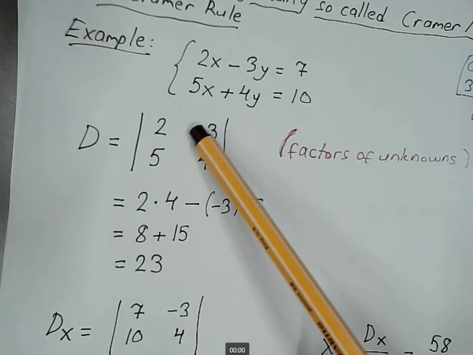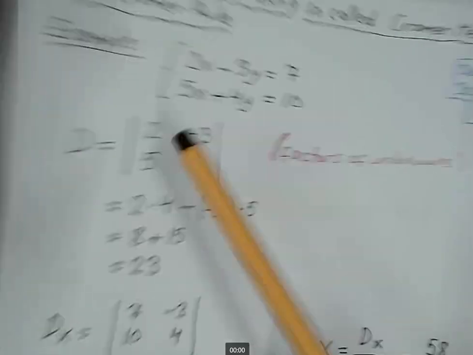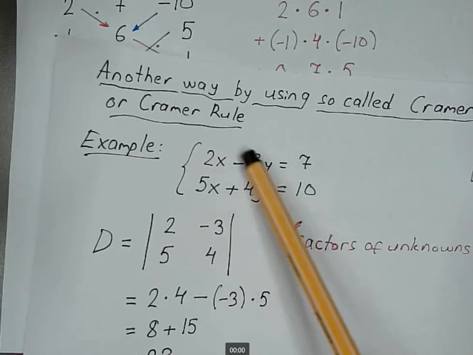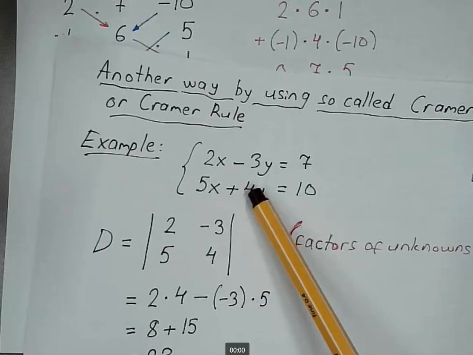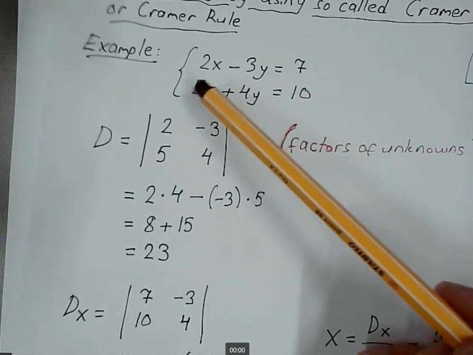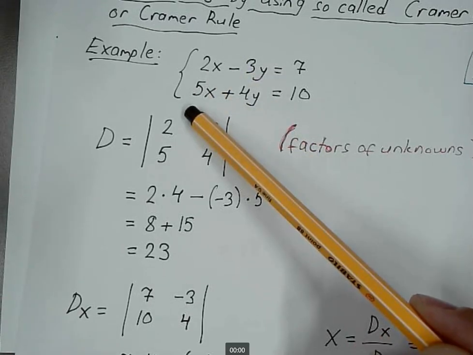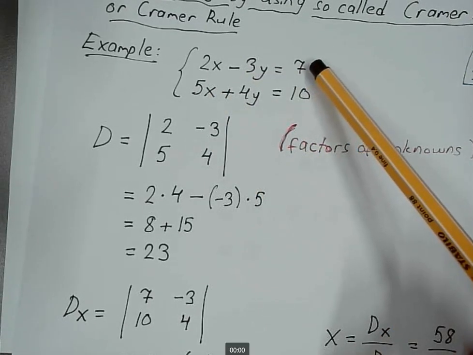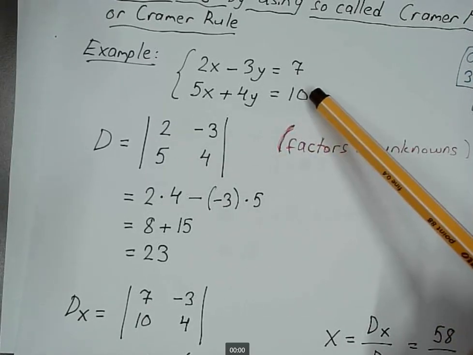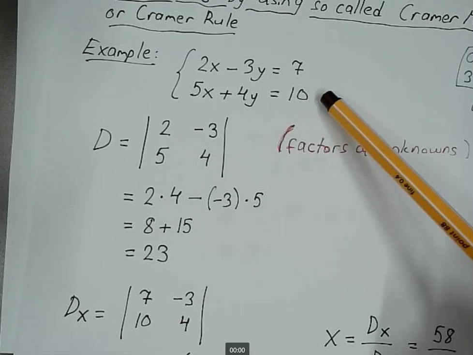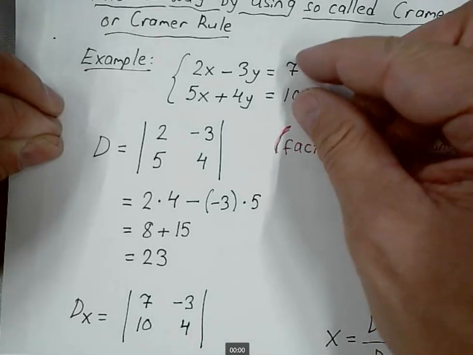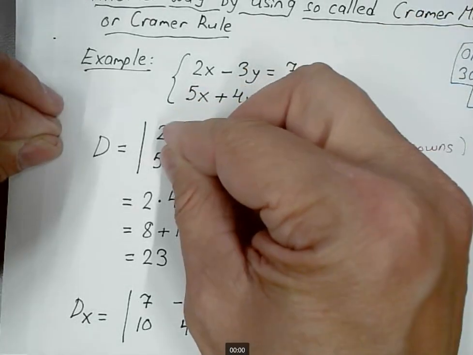We used the method that we used this d determinant, which came from these numbers in front of those unknowns there, and we will change the numbers which were in front of x's to the number and substitute them with the numbers 7 and 10, or the numbers in the other side of the equation. So we took these away and substitute them with these.